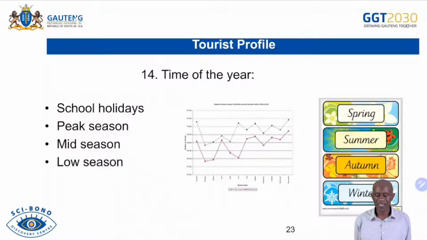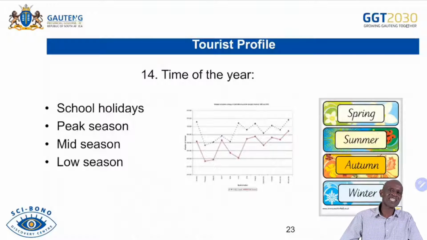Peak seasons normally are expensive. So depending on your budget, everything is up, from accommodation to food and beverages, because during this time the tourism industry takes advantage, everyone has money. Peak seasons, we are looking at December holidays, where employees were afforded bonuses and stuff like that.